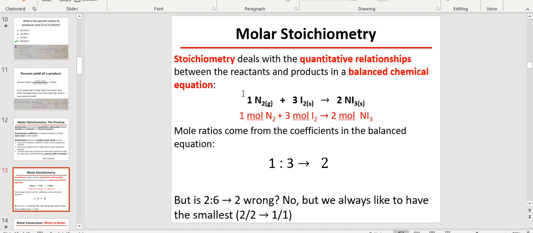So have a look here. Here I have 1 mole of nitrogen gas plus 3 moles of iodine producing 2 moles of nitrogen triiodide.